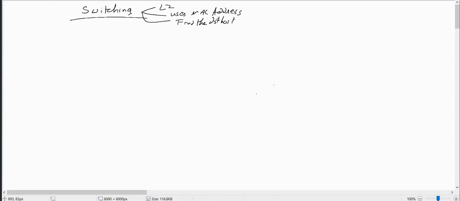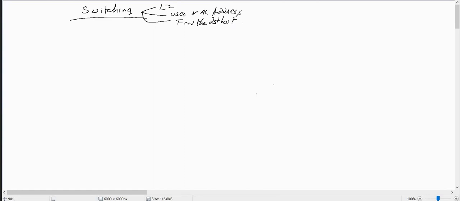Now, with regards to routing, whatever we did, let it be EIGRP, OSPF, or BGP, MPLS, whatever we did, our focus was to identify the destination networks, the location of the destination systems. But when it comes to switching, its job is to find the exact host.